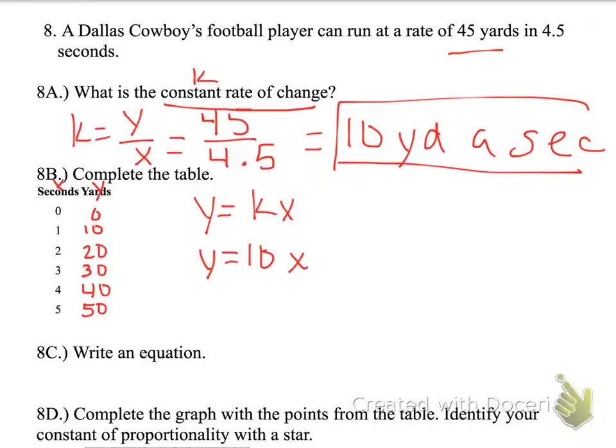So if we write our equation, it's y equals 10x. We're multiplying our seconds by 10 in order to get our yards, because he can run 10 yards per second.